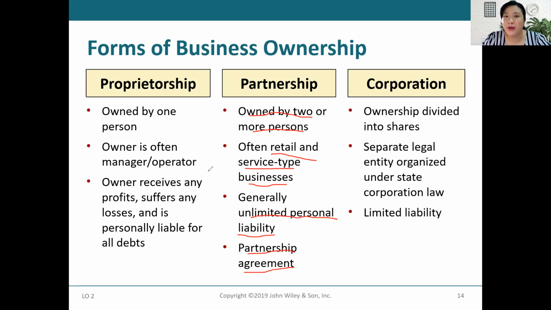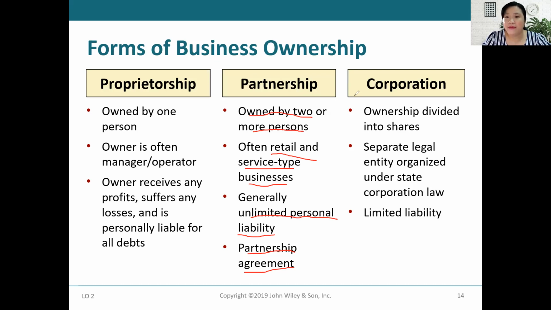For example, if the partners agree to divide the profit 50% and 50%, or 70% and 30%, or 60% and 40%, it will be written in the partnership agreement. All right, so that is the partnership.